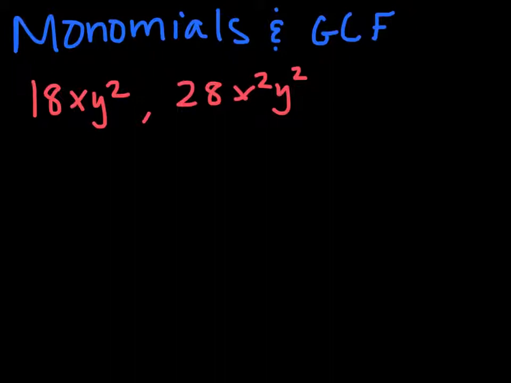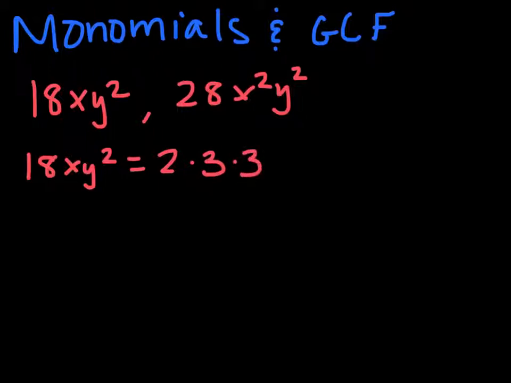Well, the first thing we'll do is to simply factor the monomials, just as we would a regular digit. So we'll start with factoring 18, which is 2 times 3 times 3. Now we pull out our variables, times x times y times y. So 18xy squared factored is 2 times 3 times 3 times x times y times y.